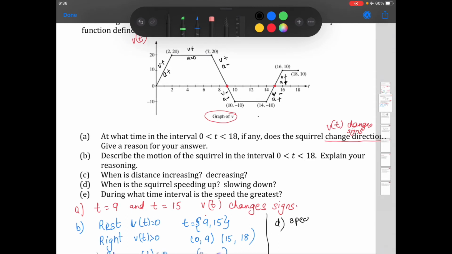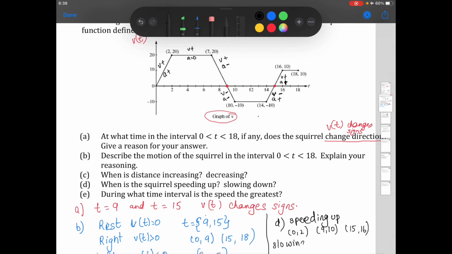So we are speeding up from 0 to 2, then from 9 to 10, and then from 15 to 16, right?